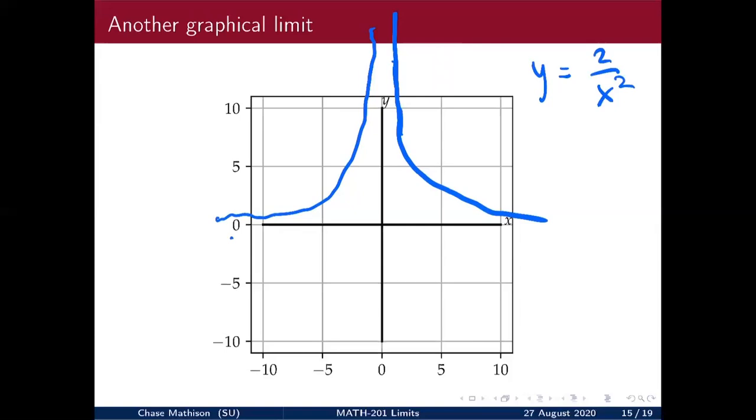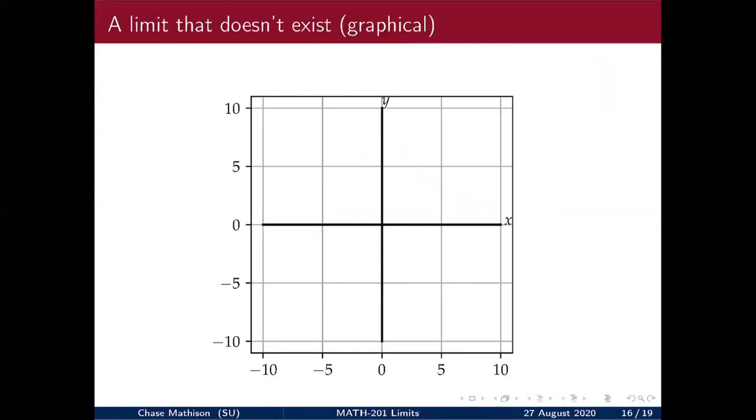This is what's called an asymptote, and finding these is going to be a good chunk of this class when we talk about graphing, because part of this class is going to be about sketching accurate graphs using what you know from calculus. But there's one more example that I think I can get to in the time I have left of a limit that does not exist.